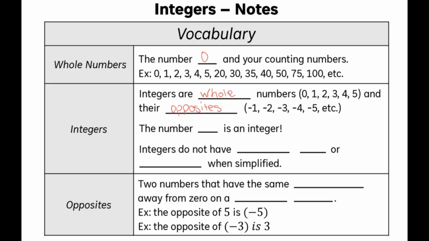The opposite of 2 is -2. The number 0 is an integer. Integers do not have fraction bars or decimals when they are simplified.